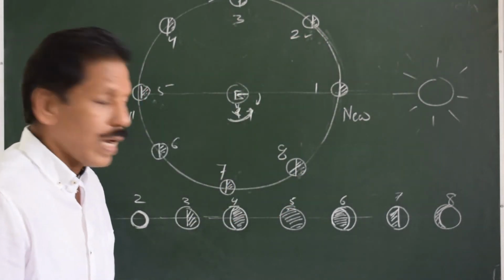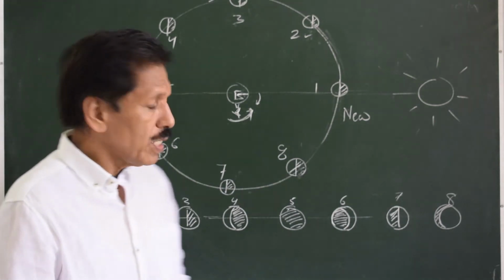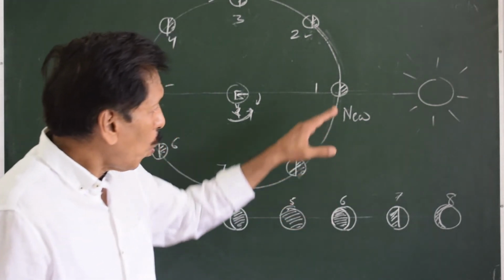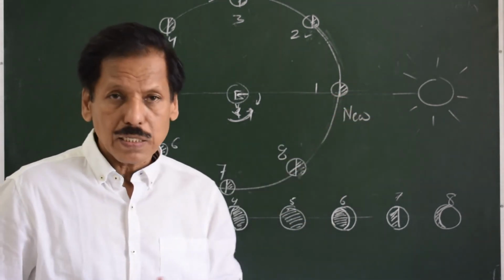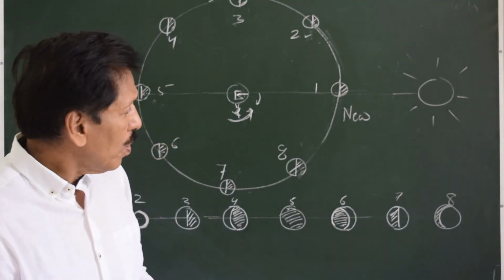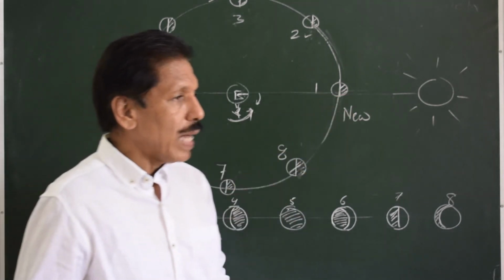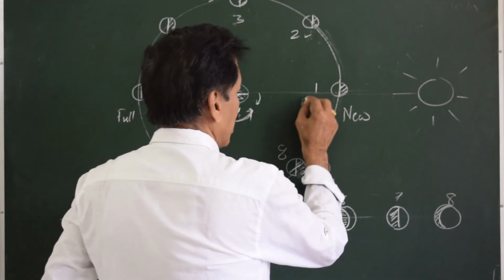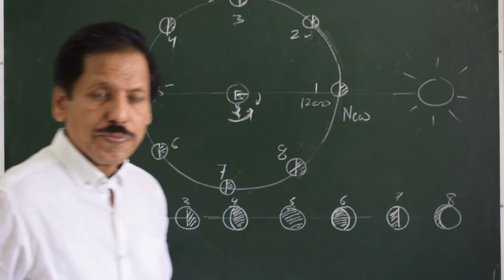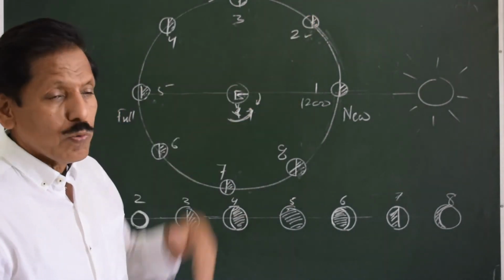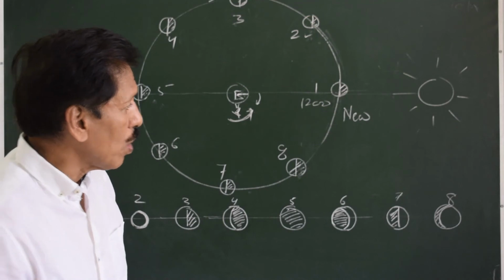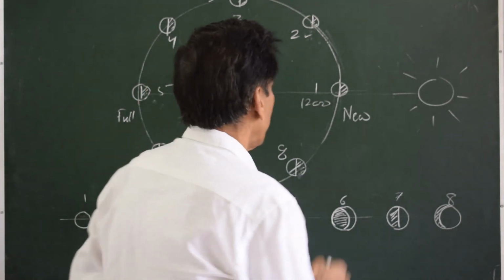Another interesting thing about these phases of the moon: while the moon is in conjunction, the angular distance between the moon and sun is 0. So can we say that the meridian passage of the moon occurs at about 12 o'clock local time? Now here, the meridian passage of the moon will occur about 3 hours after 12 o'clock, that is after the sun's meridian passage.